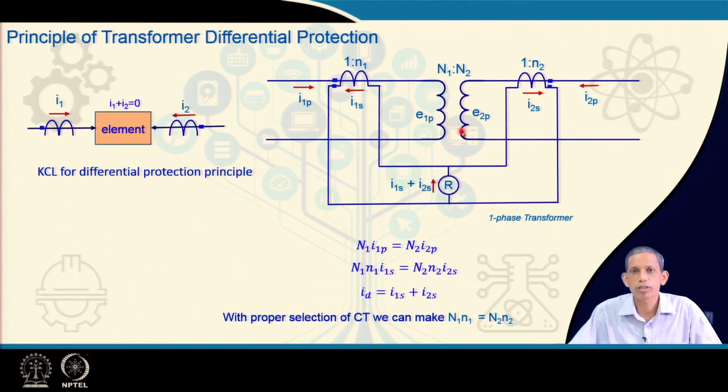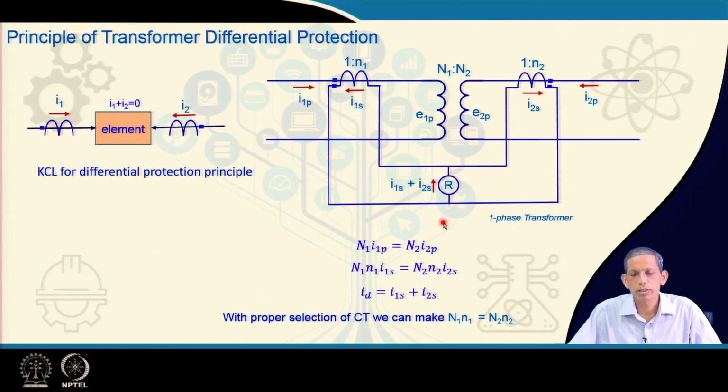So, through this process, detection of any internal fault between these two sensors, CT1 and CT2, can be easily detected by the differential current. Note that the differential current, I1s plus I2s, in this kind of CT connection will be nothing but the internal fault current amount.